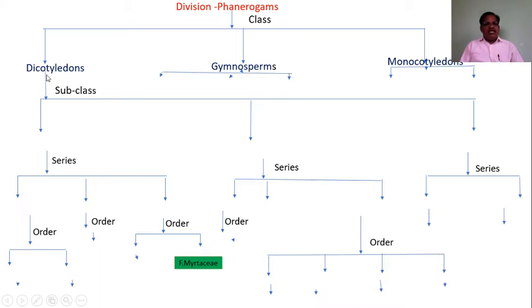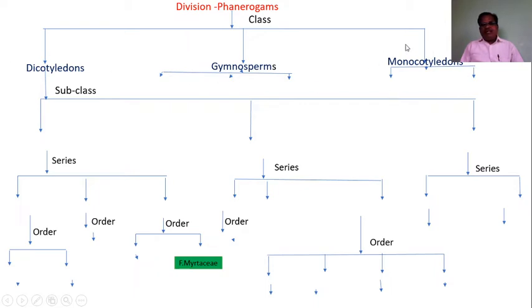Then the stem has branches, but there is an absence of nodes and internodes. One more thing, when we go through the anatomical characters in this group, vascular bundles are found in these dicotyledons in the form of a ring.